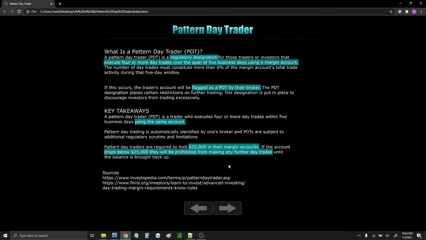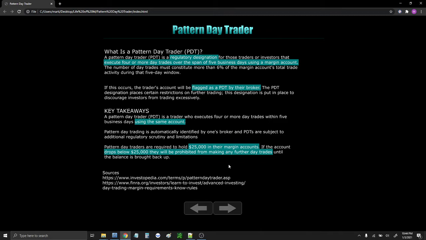So the exception to this is a $25,000 margin account. Basically, that indicates that if you have $25,000 or more in your account, you are not subjected to the pattern day trader rule.